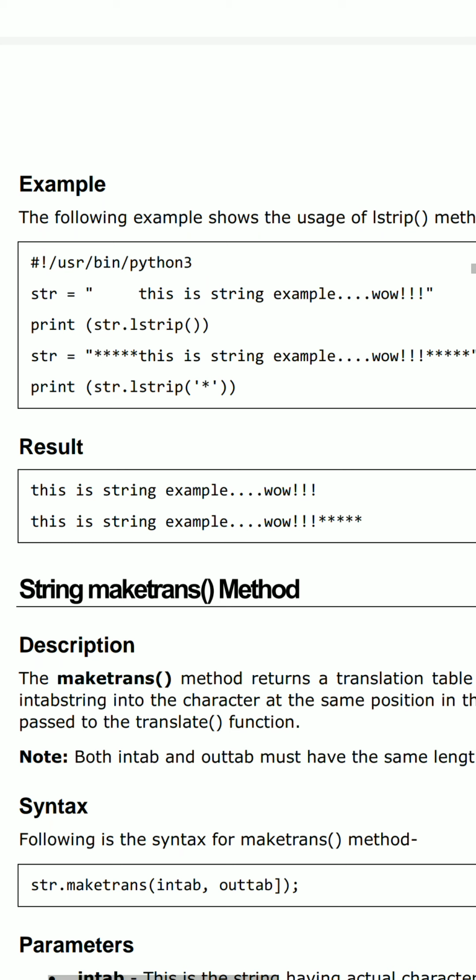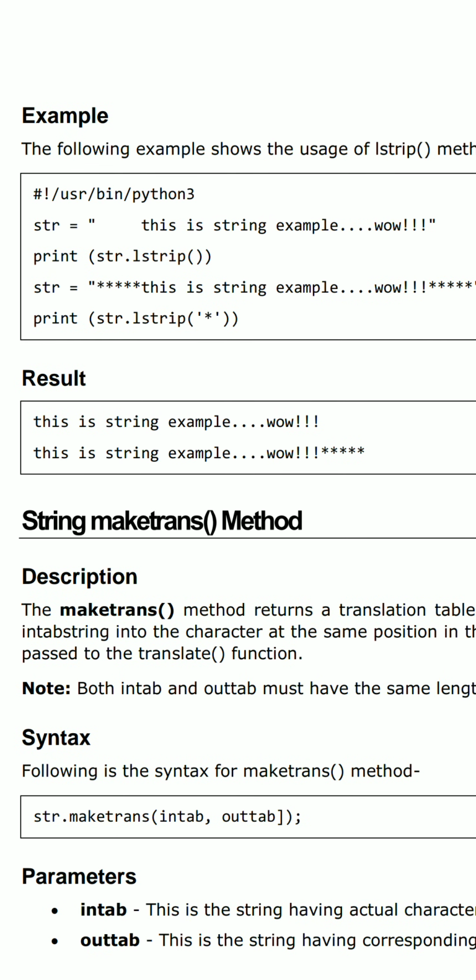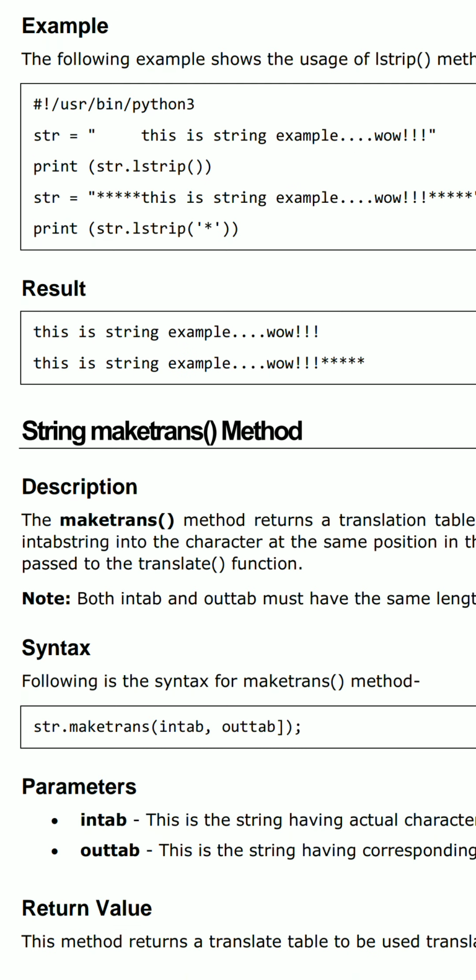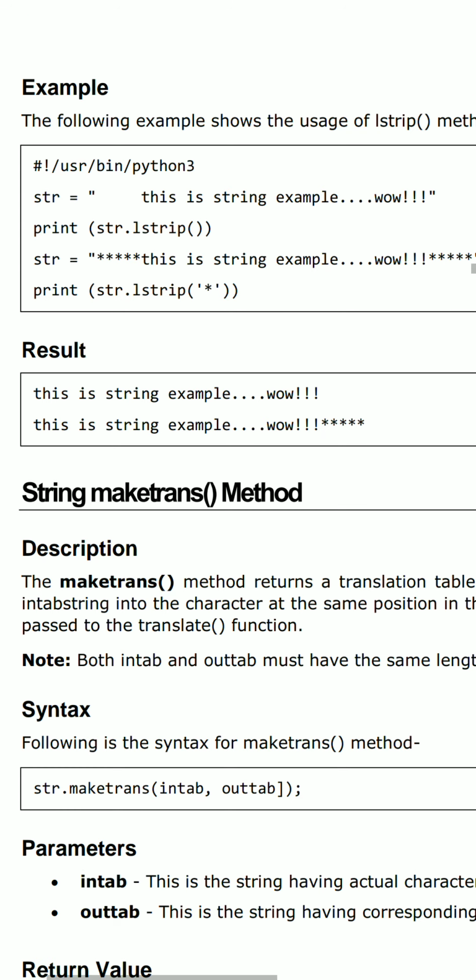So after executing these four lines, kindly observe the first line. There is a blank space before the start of the string. So the lstrip method ignores the blank space, that means white space, before the start of the string, and prints the result from this. That's why here you can get this is string example.